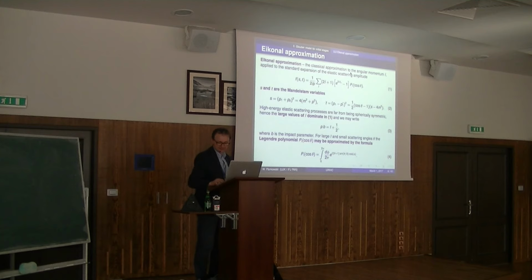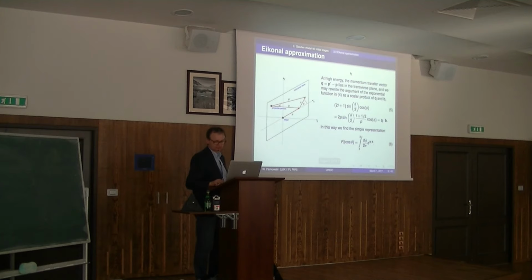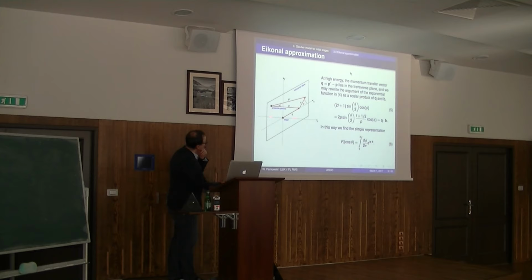Okay, not so fast. There is the picture of how it looks in space: we have the z-axis, the beam axis, and the target, one nucleon. There is another nucleon which moves like this. There is the impact parameter B, the momentum of the projectile particle is P, and the scattering angle theta.